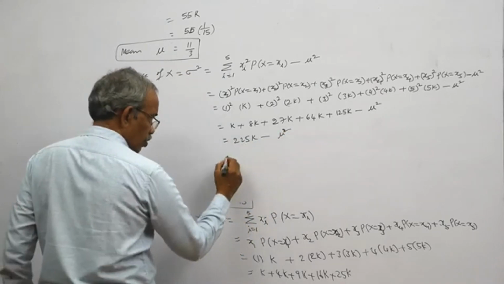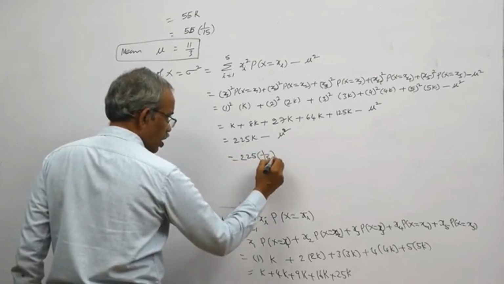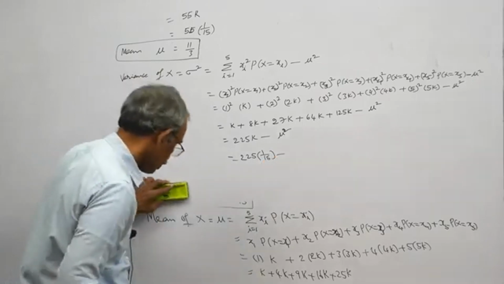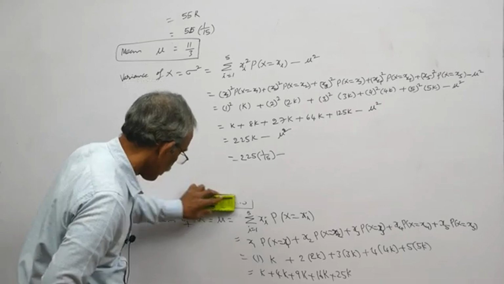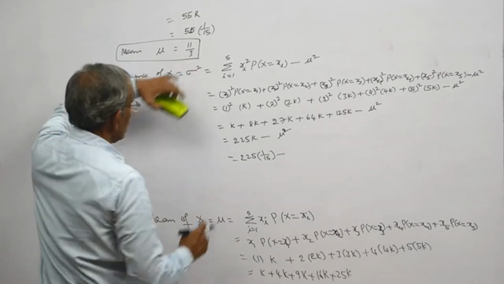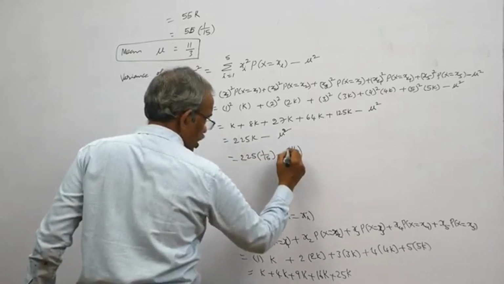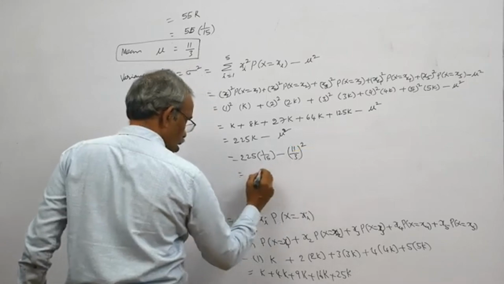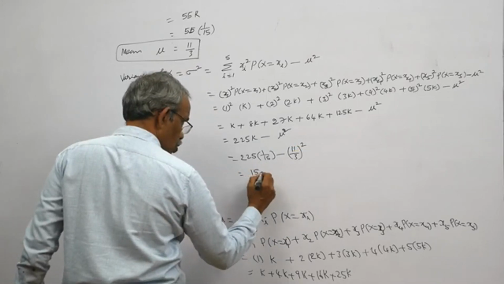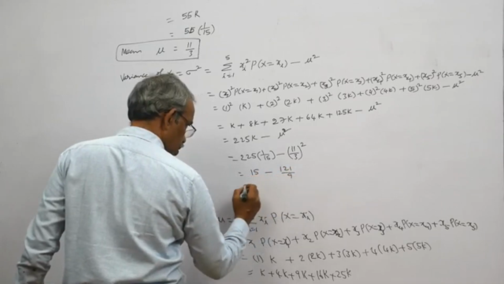We know that the value of k is equal to 1 by 15, mu is equal to 11 by 3. Here mu is equal to 11 by 3, that is 11 by 3 whole square. 15 15s are 225, minus 121 by 9.